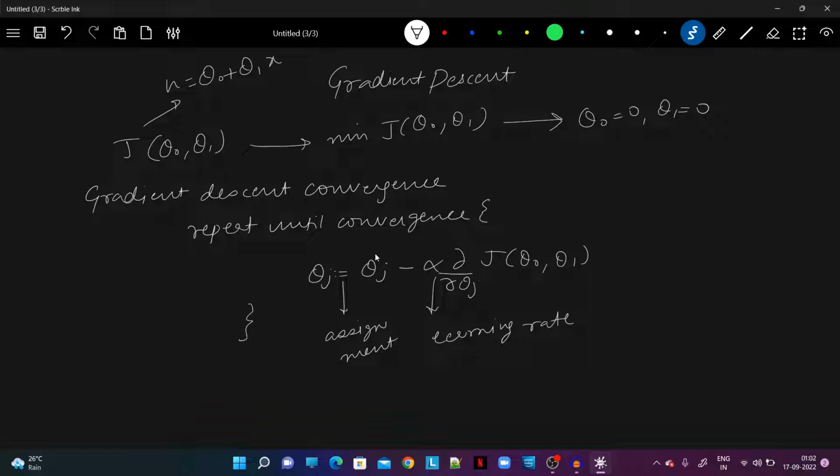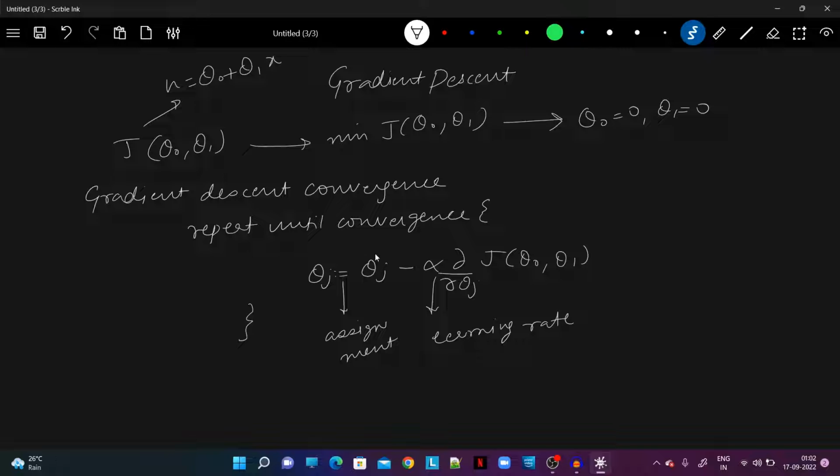And so what is the relevance of learning rate? Learning rate is important because it controls the step size by which the values of theta j change.